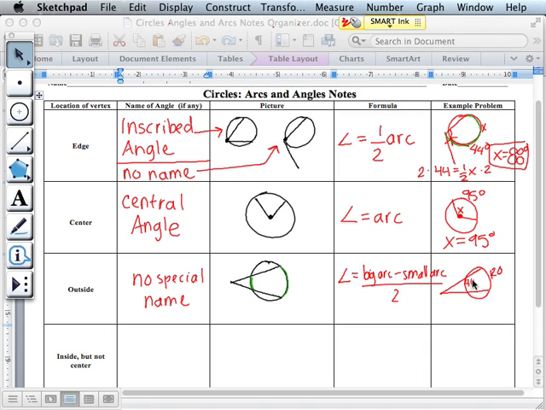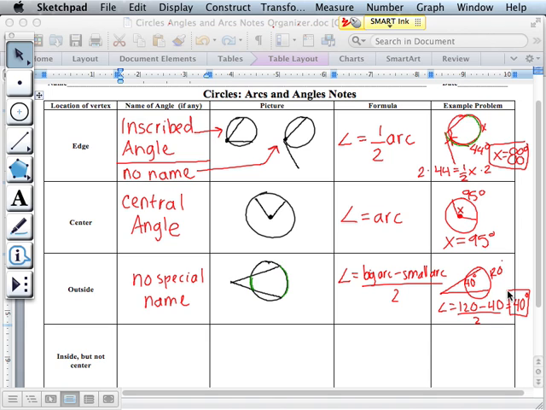I want to find the measure of my angle. So the angle equals big arc, 120, minus small arc, and these should all be degrees, divided by 2. So 120 minus 40, that's 80. 80 divided by 2 is 40. So our angle is 40 degrees. Okay? There's your simple example.